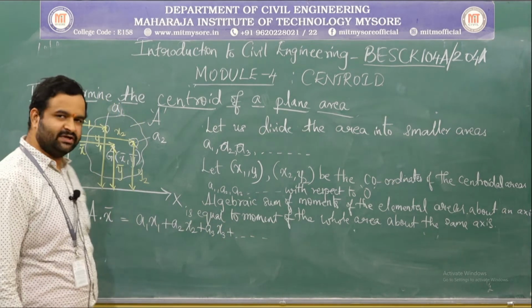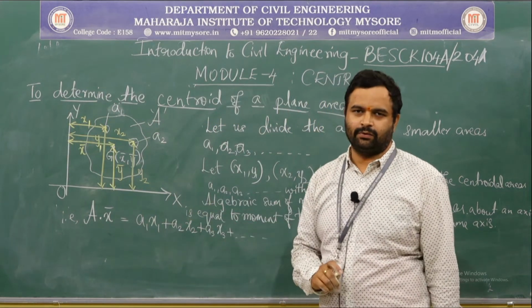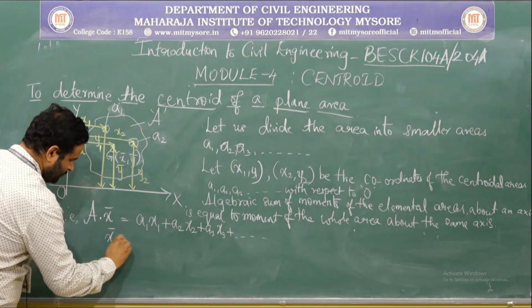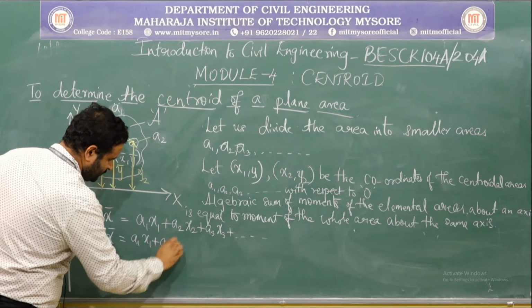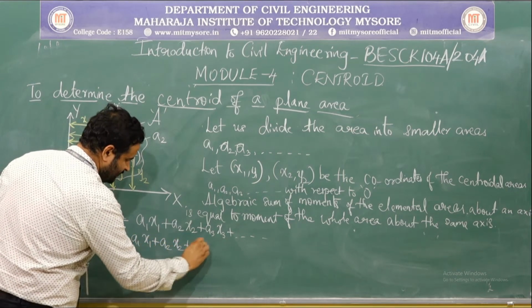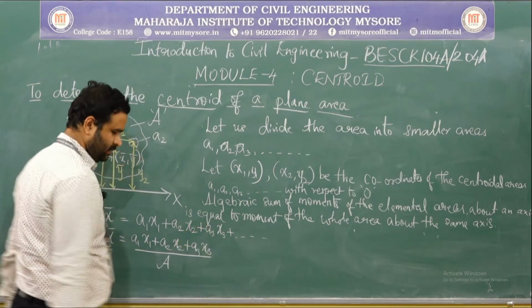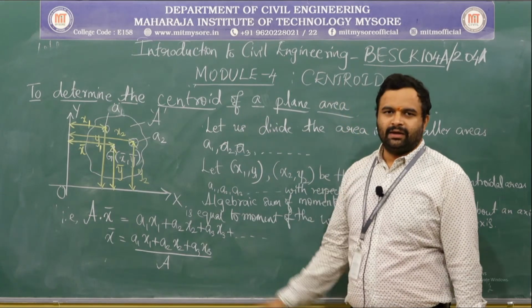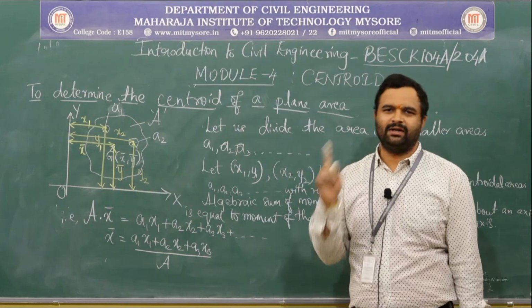From this equation I shall calculate x bar. So, x bar is equal to a1 x1 plus a2 x2 plus a3 x3 whole divided by capital A. But what about capital A? Capital A is nothing but the summation of all the small elemental areas.